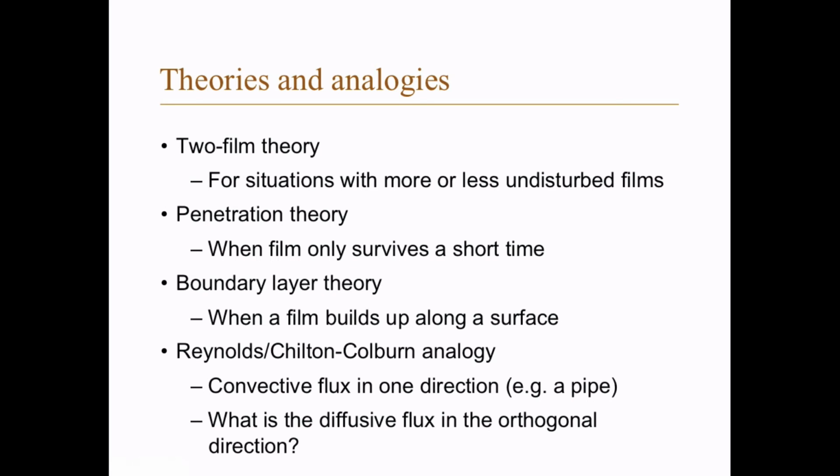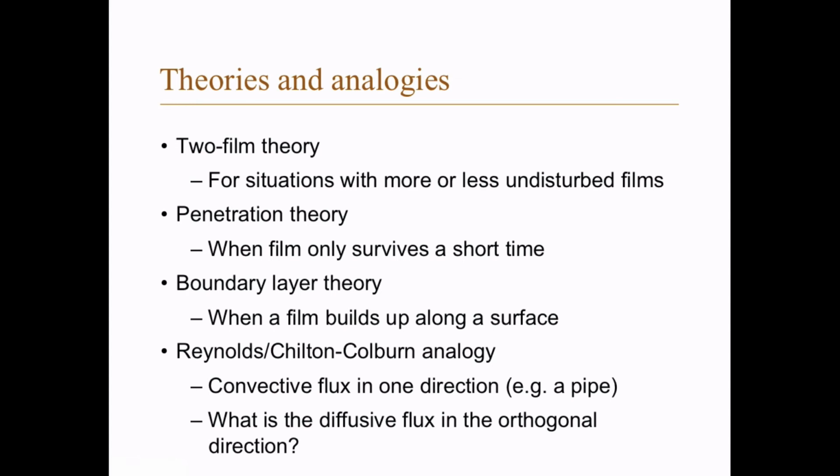We named some different theories and analogies. We talked about the 2-film theory, and that's for situations with more or less undisturbed films. So well-defined film with a certain film thickness. The penetration theory is when the film only survives a short time, like when you have a gas bubble that bubbles through a liquid.